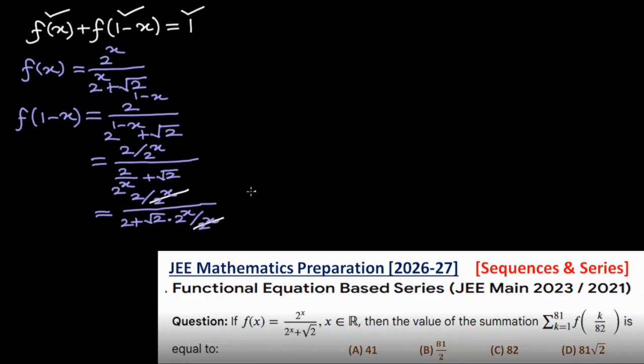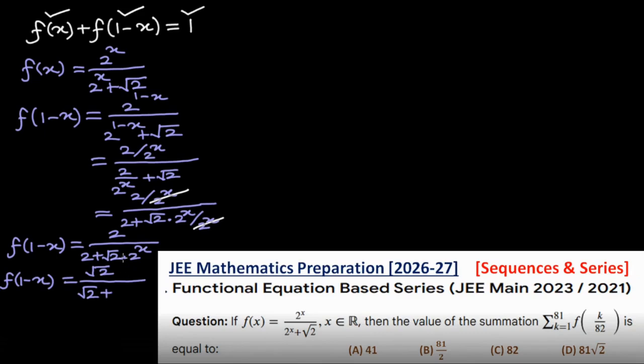Cancelling 2 power x, f(1 minus x) will be 2 upon 2 plus root 2 into 2 power x. Dividing numerator and denominator by root 2, f(1 minus x) will be root 2 upon root 2 plus 2 power x, as the 2 and root 2 get cancelled.